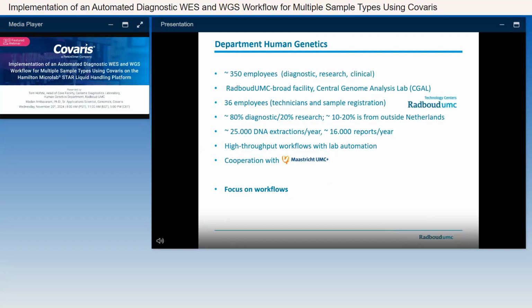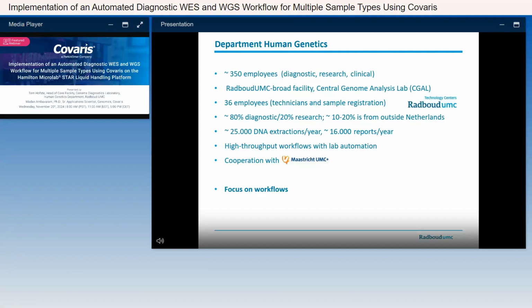Our department is divided into 3 different sections: the diagnostic section, the research, and the clinical section. In total, 350 employees. I'm heading the Radboud facility, the Central Genome Analysis Lab. This contains around 36 employees, technicians, and sample registration colleagues.